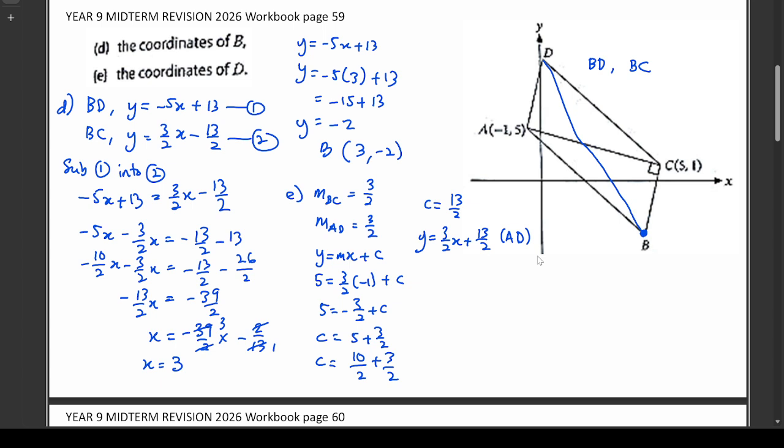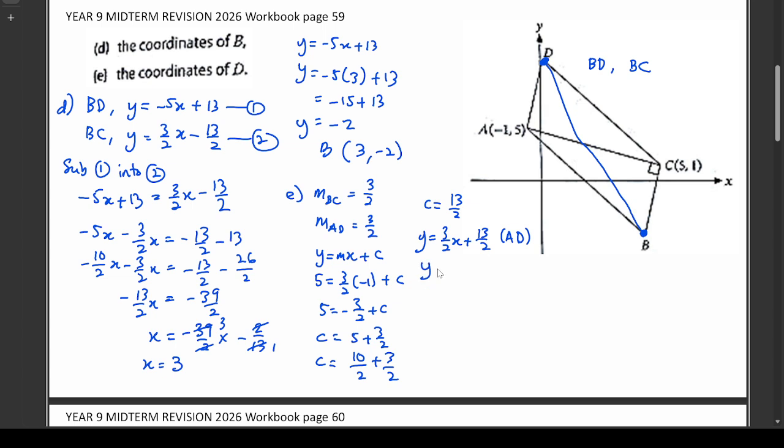And you can solve the two equations AD and BD to get the coordinates of D, because D is a common point on the AD line and is also on the BD line. So if I solve AD and BD, I will get the coordinates of D, where they cross or intersect.